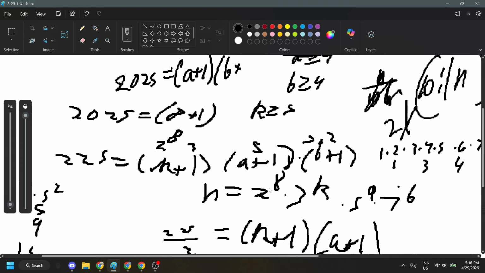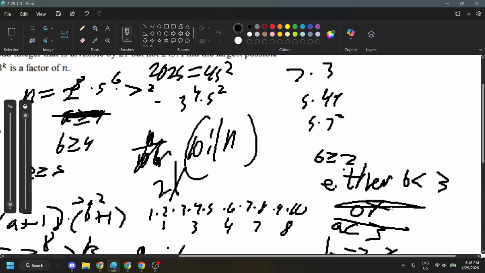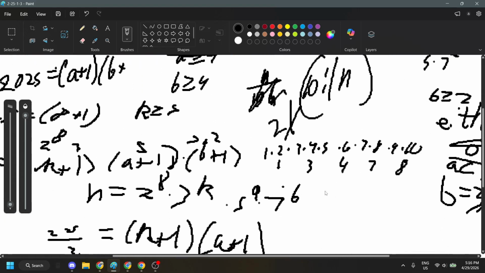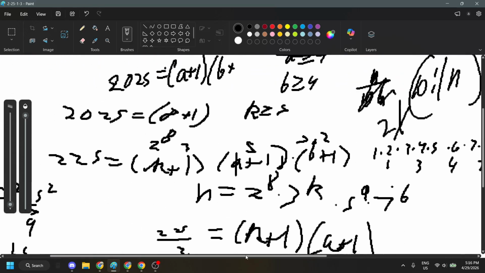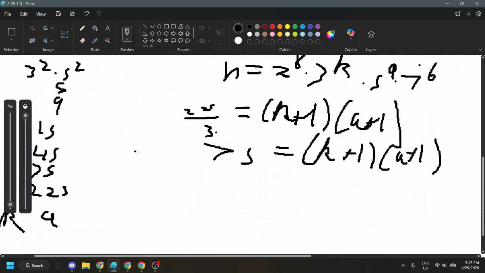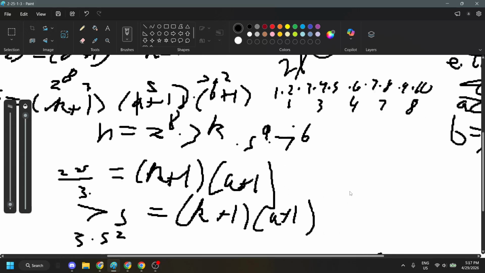We know that a has to be greater than or equal to 4. We know this is 3 times 5 squared. So 3 is not going to be a factor because k also has to be pretty large.